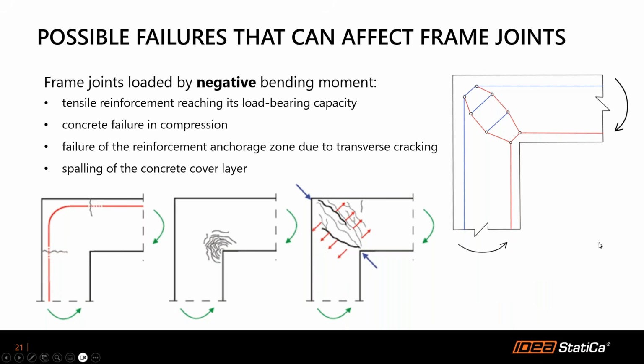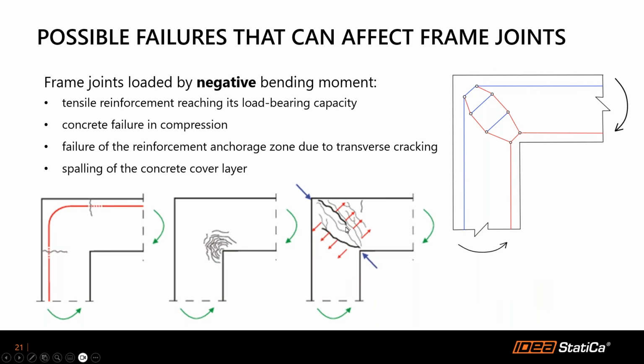One simple approach can be that in this transverse direction in the frame joint, you can pick one straight concrete compressive strut, but in that case, you have to be aware that where a concrete compressive strut is forming, there can be transverse tensile strains appearing in concrete, and you somehow have to catch these tensile strains, typically using reinforcement. There are approaches in the literature for how to do that.